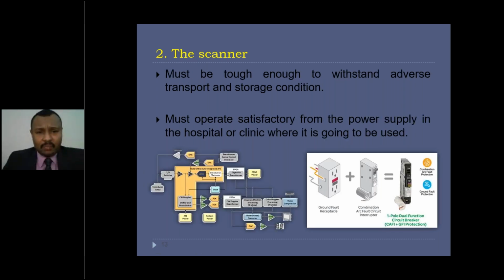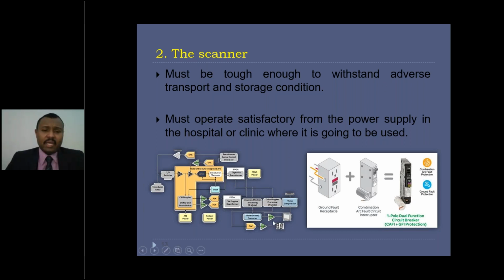In addition, one more important fact for the practitioner to follow is that the scanner must be tough enough to withstand transport and storage conditions. Also, our scanner must operate satisfactorily without any complication from the power supply in your hospital or in your private clinic.